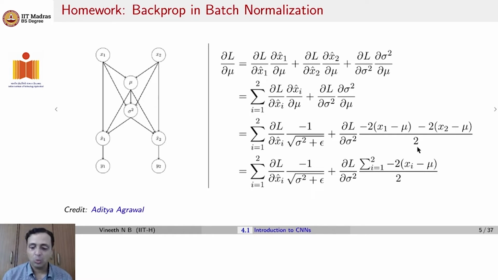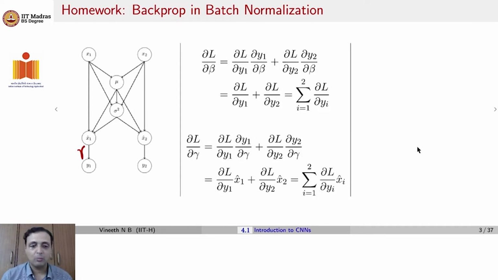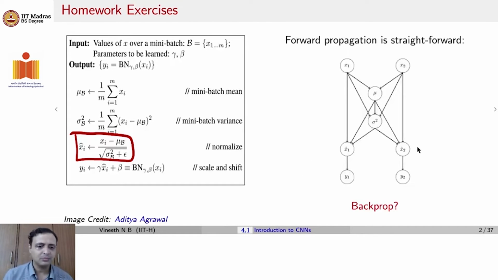because σ², once again by the same expression, can be rewritten in terms of all the x's and the corresponding μ. Just to repeat that, remember that if we go back to the algorithm, from the same boxed equation here, you could take σb² plus ε to the other side and get xi hat as the denominator, and you would do this for x1 hat, x2 hat, and all of that.